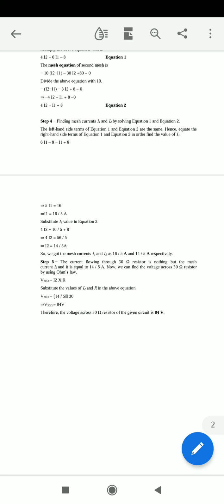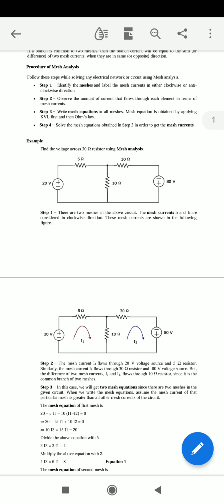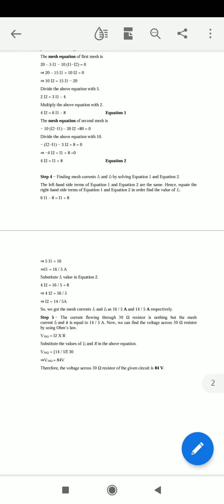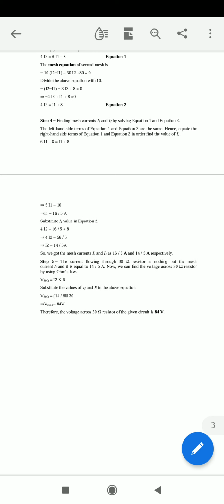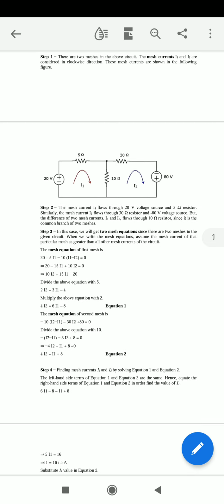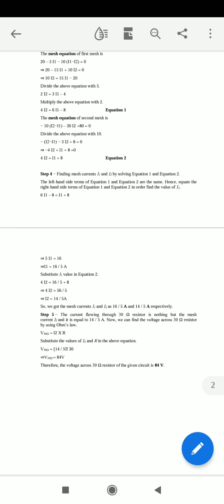Now the voltage across the 30 ohm resistor, V equals I into R, so V equals I2 into R, which is 14 divided by 5 into 30, equal to 84 volt. So finally, the voltage drop across the 30 ohm resistor is 84 volt. Thank you.